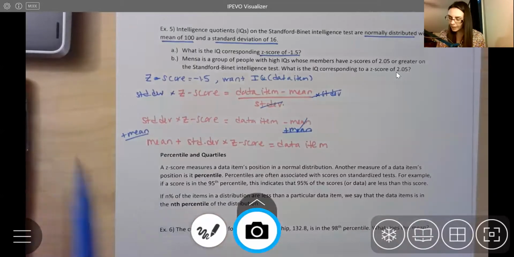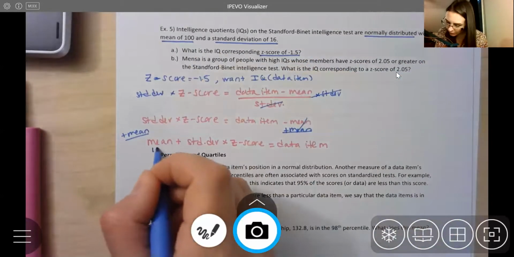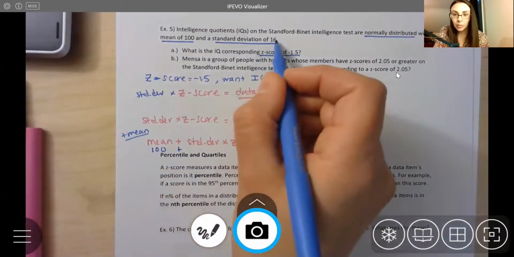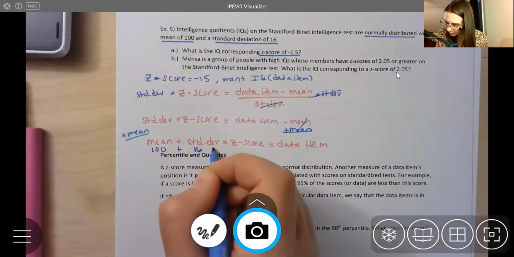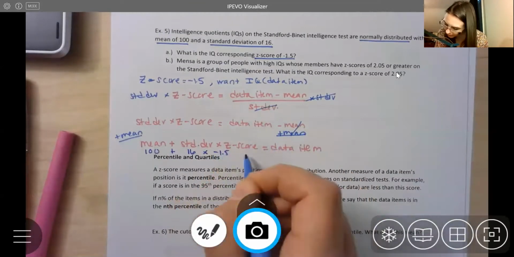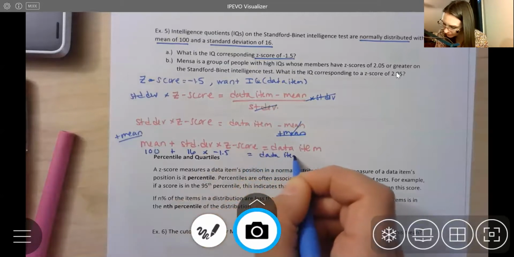So in our example here, I'm running out of room, but the mean was 100. The standard deviation in this problem is 16. My z-score is negative 1.5. And if I can solve that, that will give me the data item that I need.